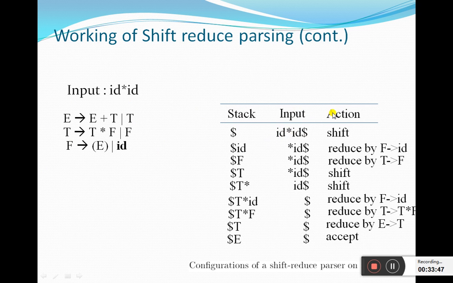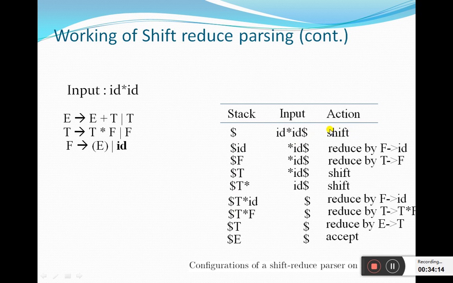Now the action can be shift or reduce, or it can be accept or error. If there are any errors, then we announce that the string has a syntax error. We move from one configuration to another. This is the initial configuration of the shift reduce parser, or SRP.